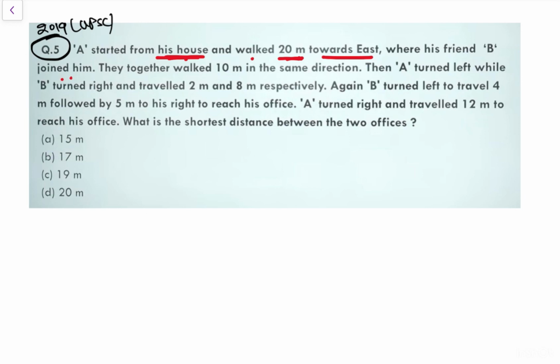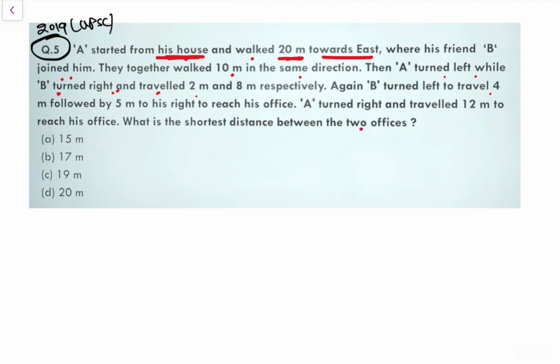So let's try to read the complete question. They together walked 10 meters in the same direction. Then A turned left while B turned right and traveled 8 meters respectively. Again B turned left and traveled and reached. A turned left. What is the shortest distance between the two offices?